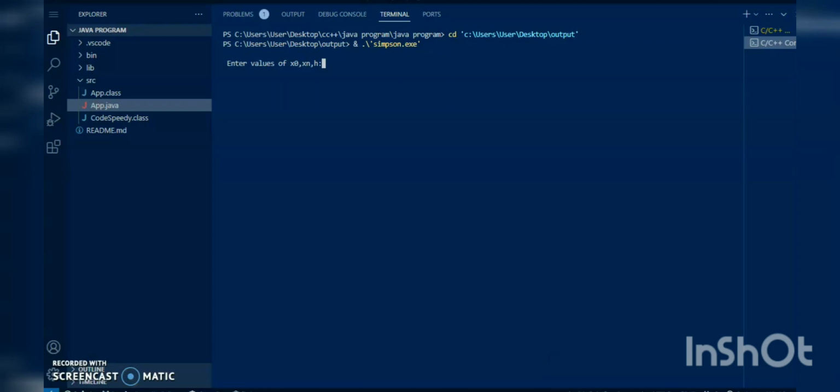So I am putting the values 2, 4 and 0.5. h is equal to (xn minus x0) divided by n, that is 4 minus 2 divided by 0.5, which means 4 terms.